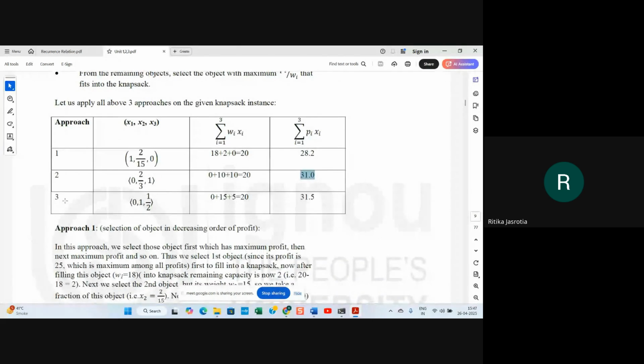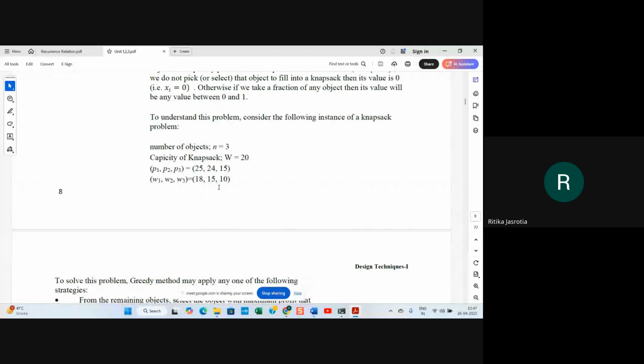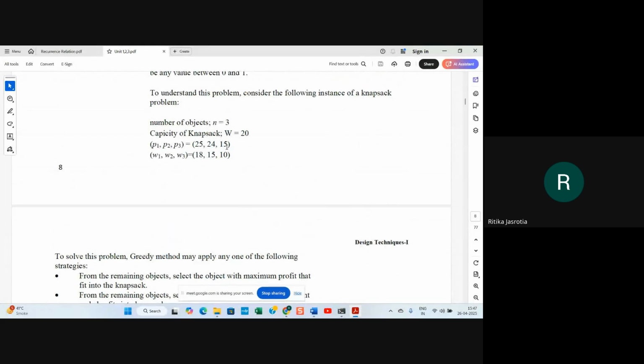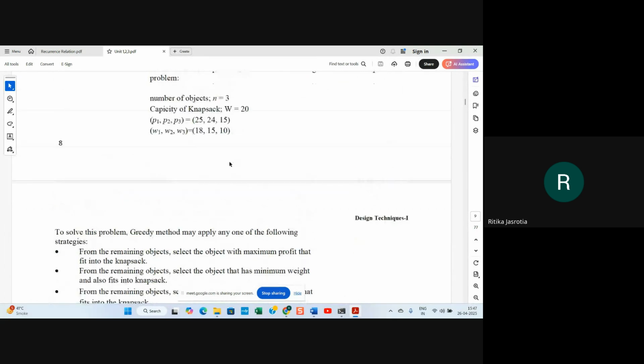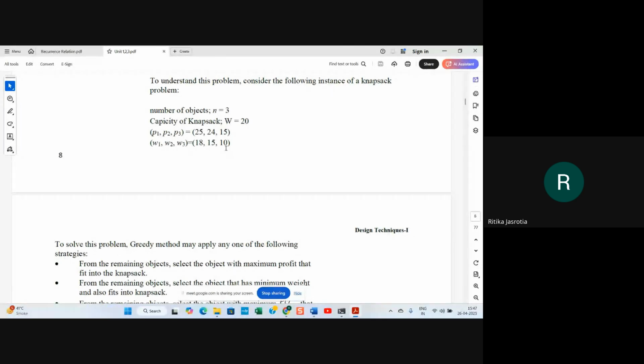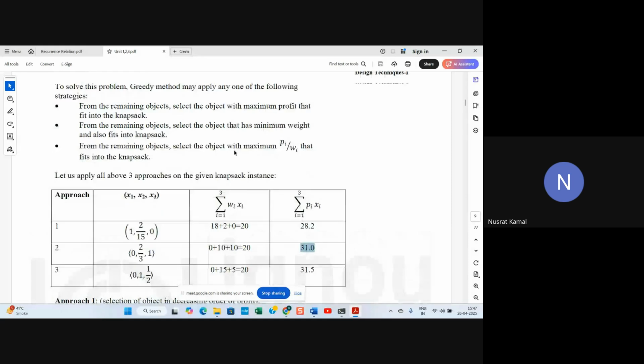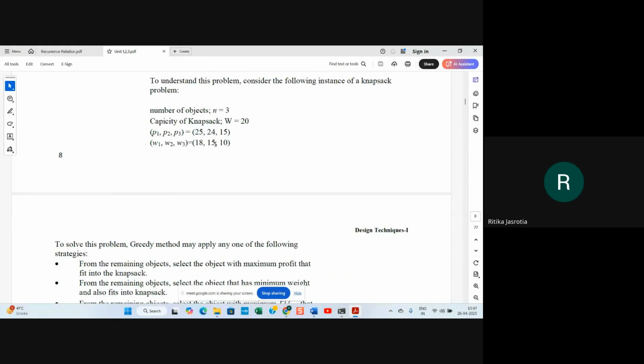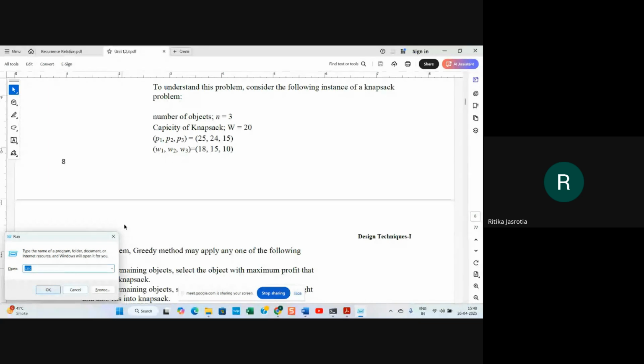So if we see profit divided by weight, which is the maximum? 15 divided by 10 is how much? 5 3s are 15, 5 2s are 10, so 3 by 2, it is 1.5. Then this is giving you 1.3.